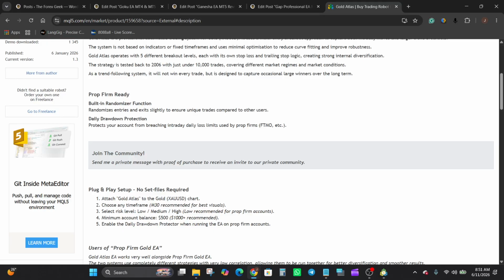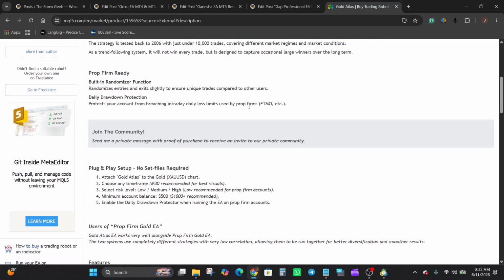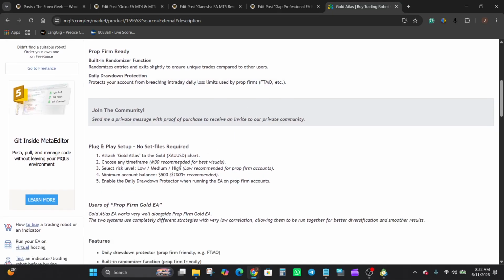There is also a randomizer function mentioned, which slightly varies entries and exits. So the idea behind this is to avoid identical trade behavior across users and improve variation in execution. Risk control is also flexible here with options for manual risk percentage or fixed lot sizing, depending on how the user wants to operate the system.